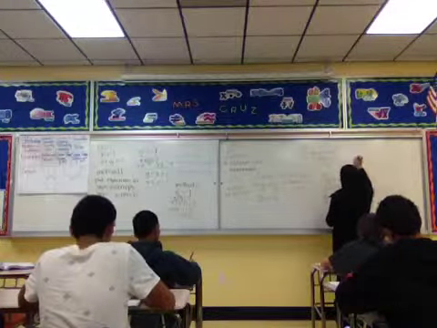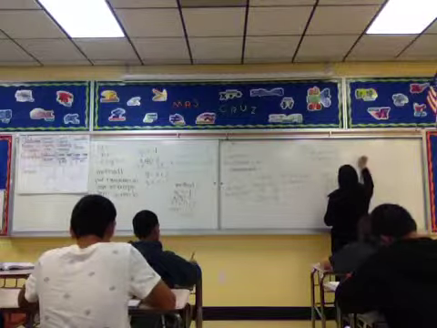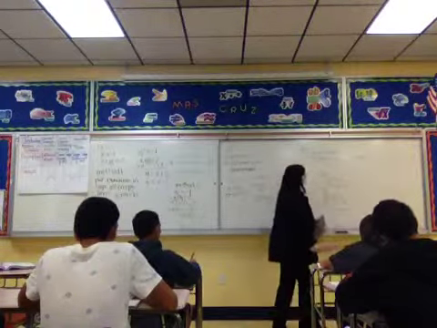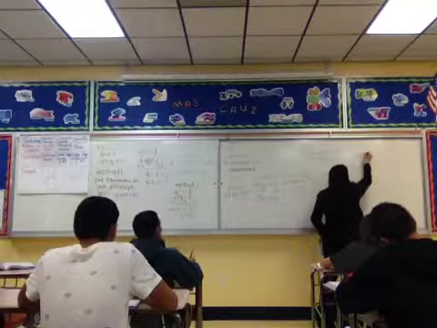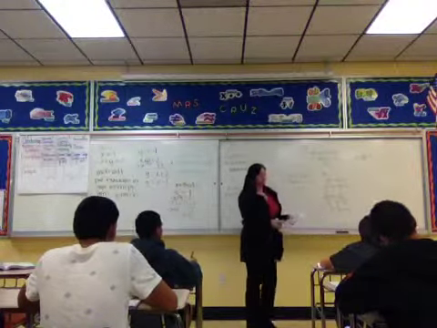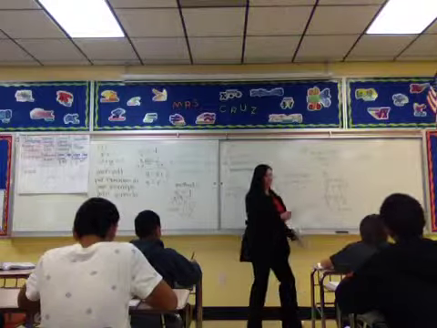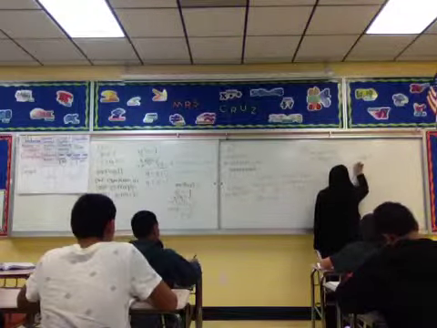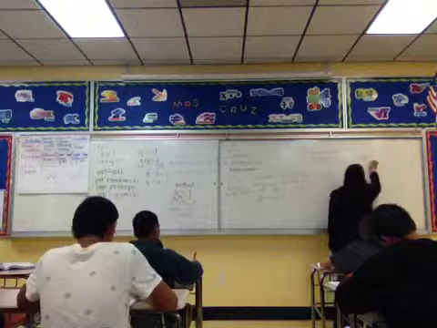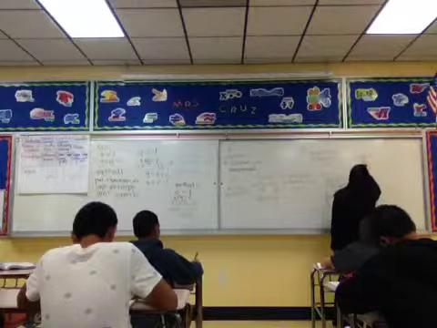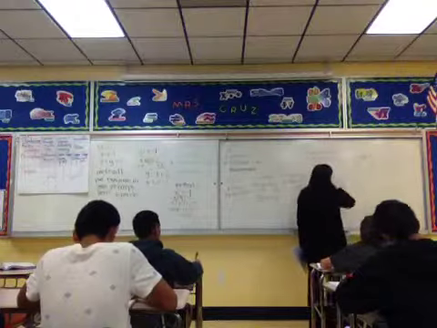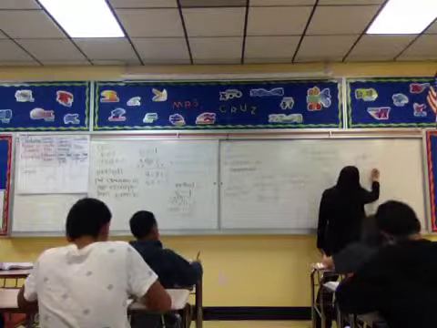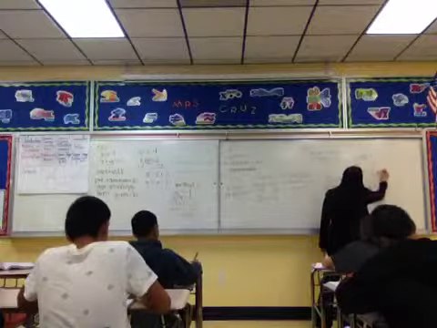So it's negative 1/2 x plus y equals 2. How do we get the y by itself? We add what to both sides? Okay, so for this side, it'll cancel out, so we come up with y equals 1/2 x plus 2.